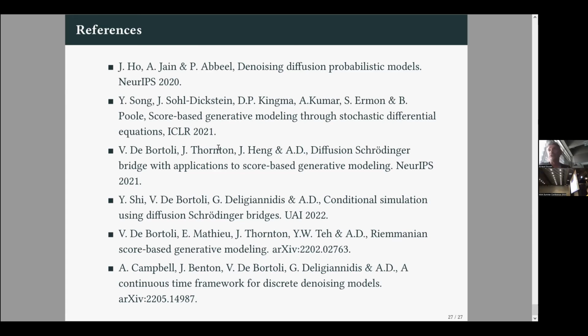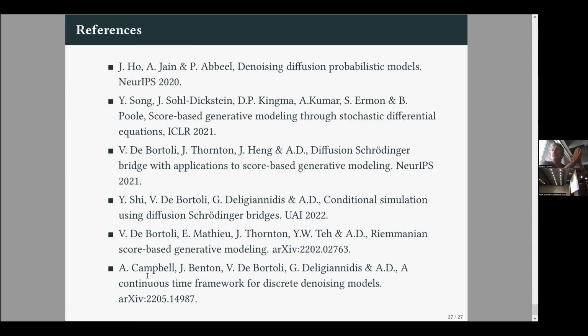Yeah, it's possible. So for example, we had this paper, the last paper listed here. We work in discrete state space, and essentially what we do is diffuse toward the uniform distribution on this discrete state space. What matters is not really that you had Gaussian noise, it's the fact that you should be able to reverse this forward process that progressively corrupts your data.